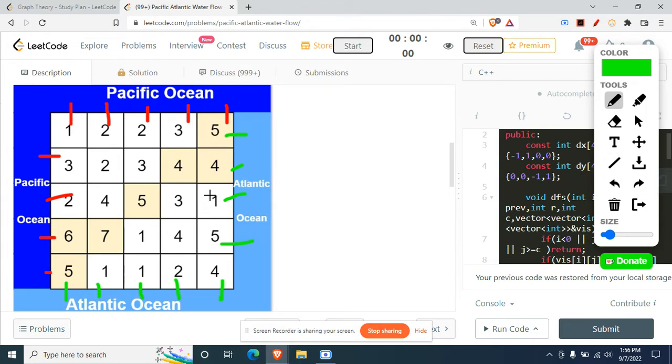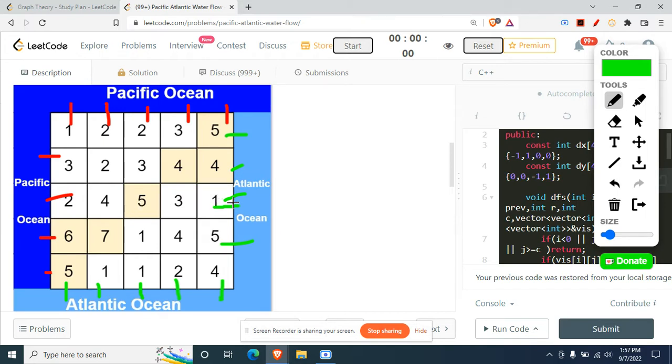Let's understand this better. If you see this grid right here, what water will it get, Pacific or Atlantic? It will get both. Why so? Let's see. As I said, coming on to increasing order, 1, 3 and 5.